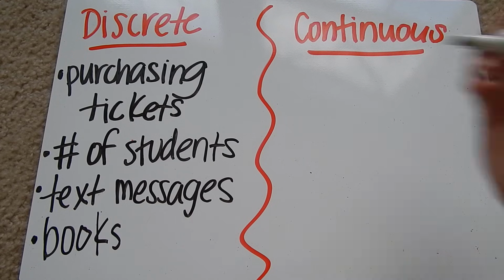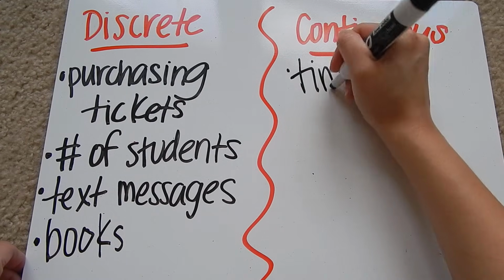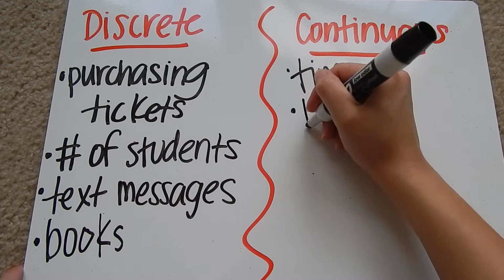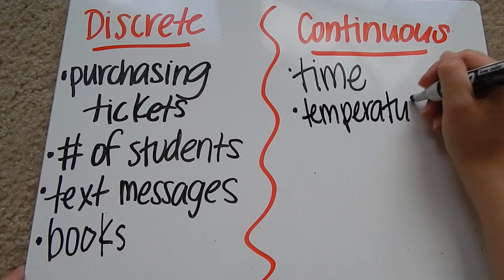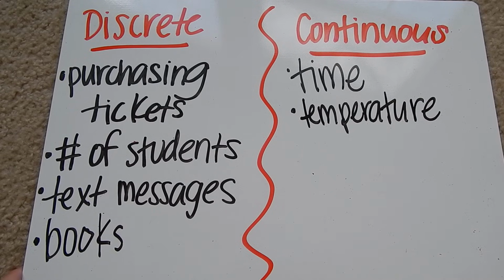For continuous, some things you'll often see is time. Time is continuous. You can have half a second, half an hour. Something else would be temperature. Temperature is usually like 75.2 degrees, so temperature can be written in decimals and fractions.